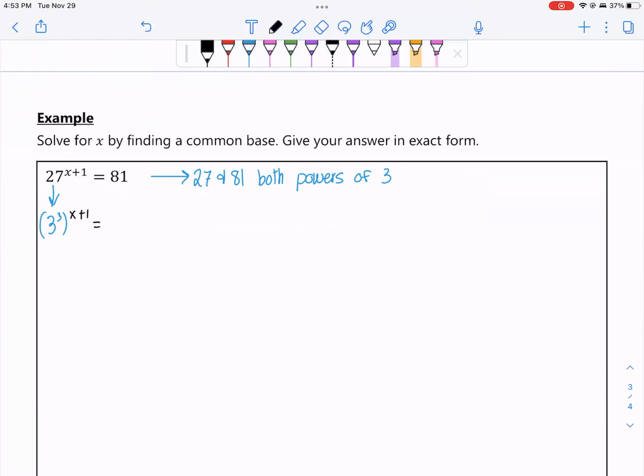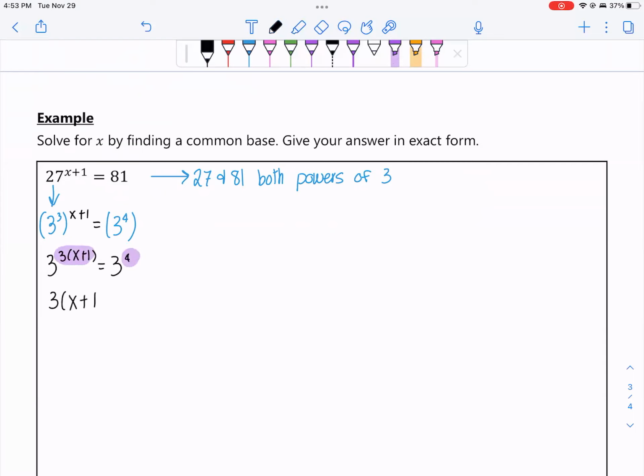And 81 is going to be 3 raised to the 4th power. So we get 3 raised to the 3 times x plus 1 is equal to 3 to the 4th. The bases are the same. I will set the exponents equal.